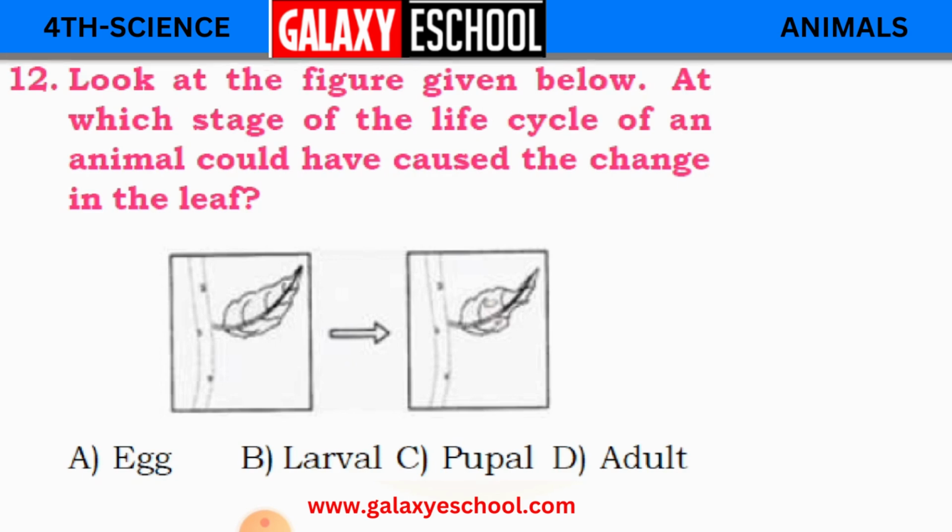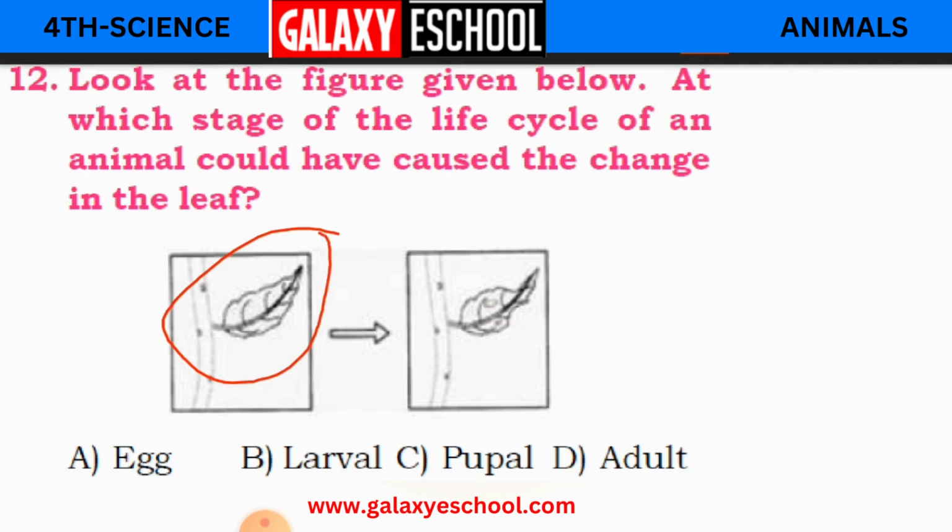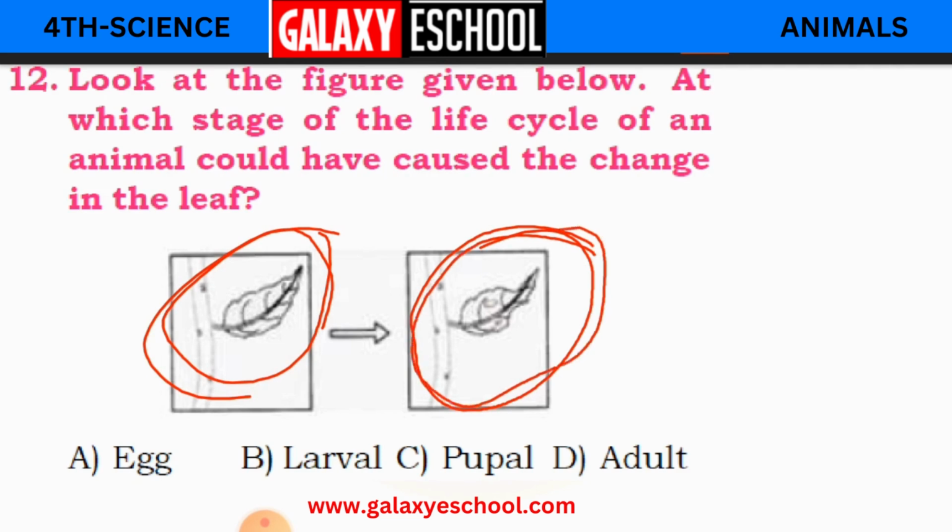If you see here, this leaf is a complete leaf. Here if you see, this leaf is not complete. It is somehow a little bit folded. At which stage of an animal, when it is going through its life cycle in the reproduction process, can we see this change?